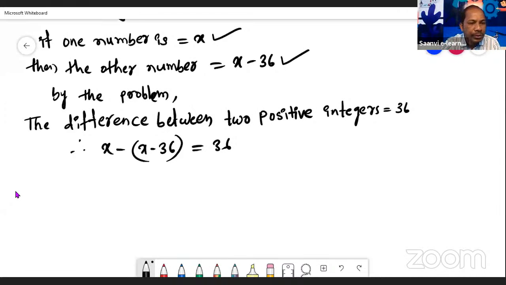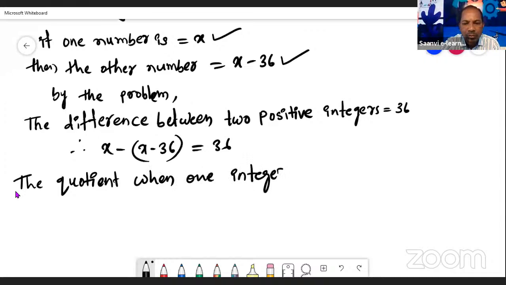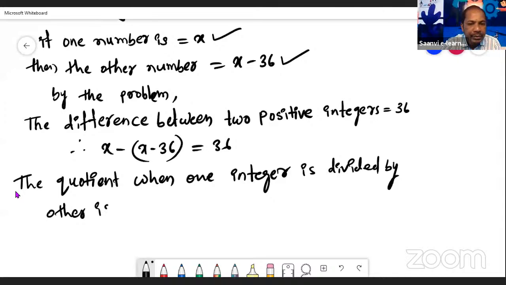Again, what is given? The quotient when one integer is divided by the other is 4.